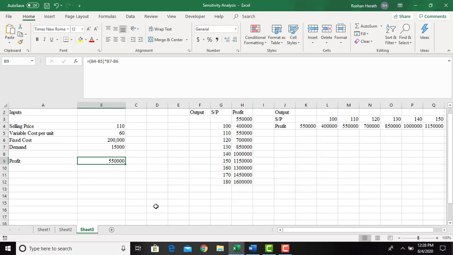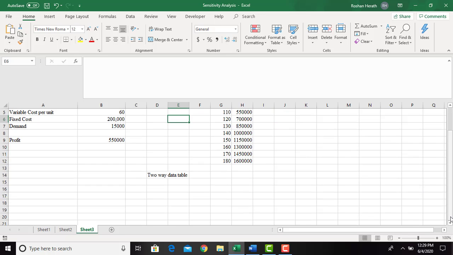Now the most important thing is in a two-way data table, you need to get the structure like you did in case of one-way data table. The only thing you can see as the difference from the one-way data table is here you can take 2 inputs. Then the most important thing is how you are going to place the input.